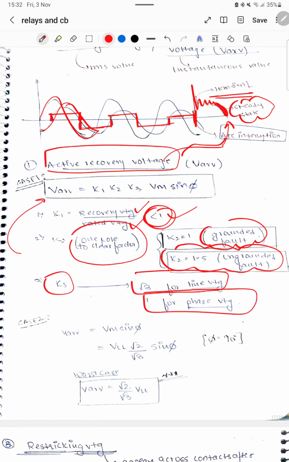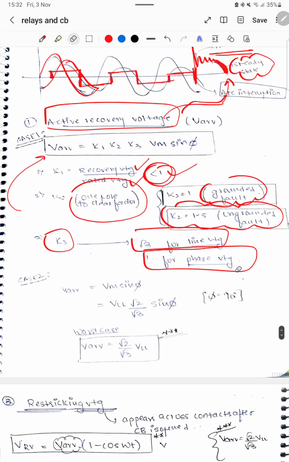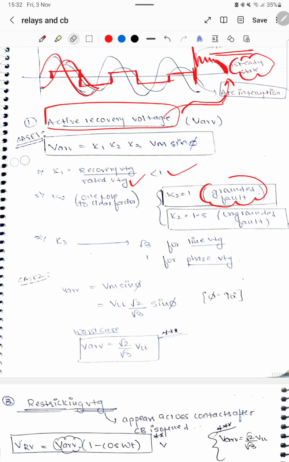Those values will be substituted in V_ARV, the active recovery voltage, which equals K1, K2, K3, Vm sin phi.